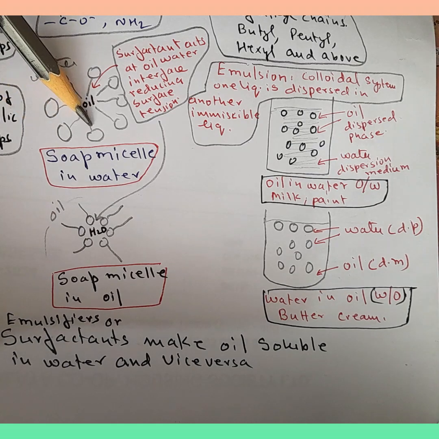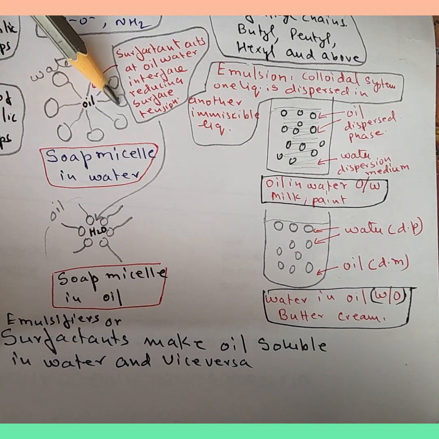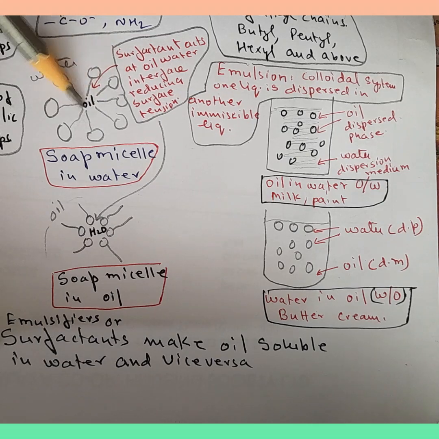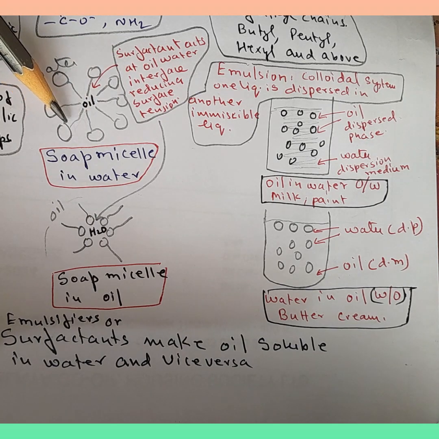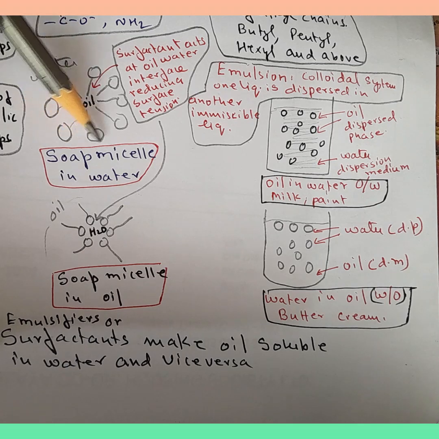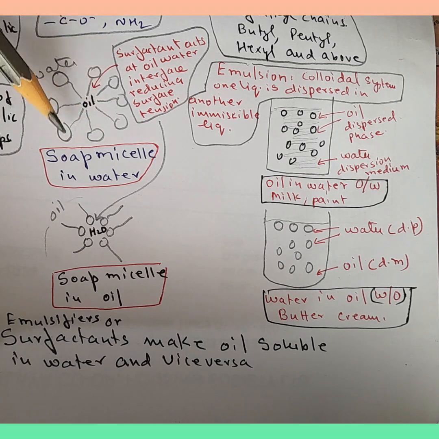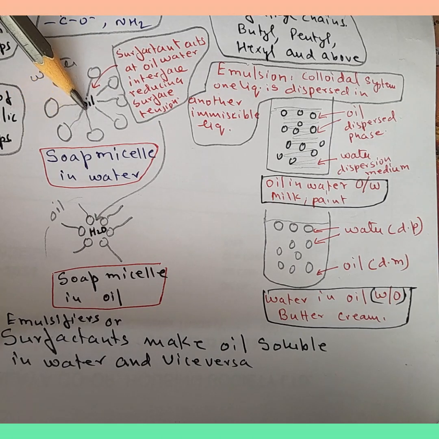So this is the lipophilic part of the surfactant which is holding the oil, that is the dirt, and this is towards the aqueous part, the water. The head is towards water. As a result of that, it forms micelle. It is aggregation of surfactant in a particular pattern.